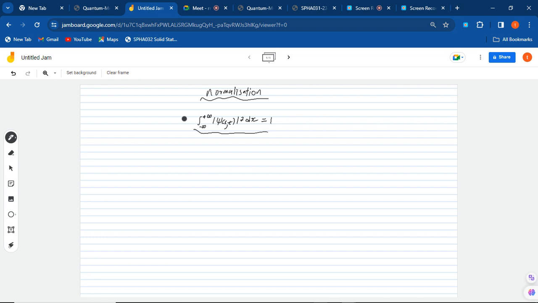I even indicated in our previous session that you can start by finding the wave function ψ(x,t) squared. After finding this, you will substitute it back into the integral so that you can get the integral simply.